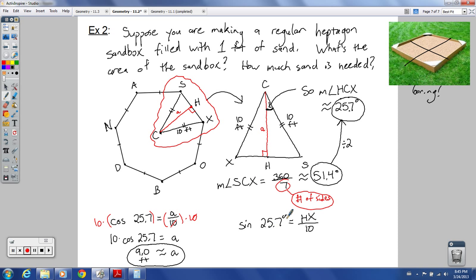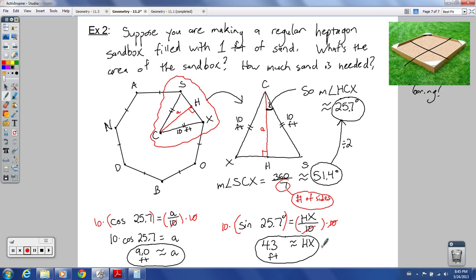And so if I take this, do the same sort of thing I just did, multiply both sides by 10, get that to cancel there and there, and put this into a calculator, you would end up getting that hx is approximately 4.3 feet. So I'm just typing 10 times sine of 25.7 into a calculator.